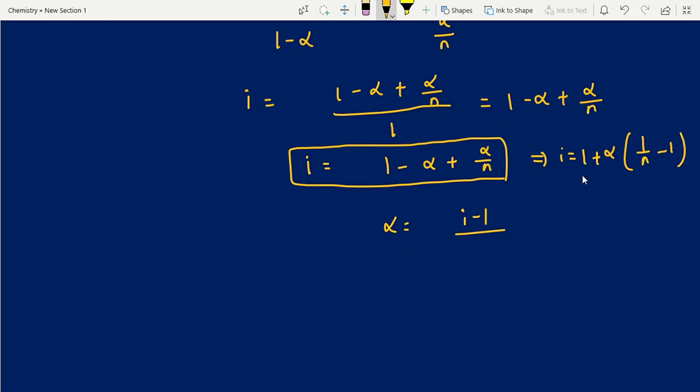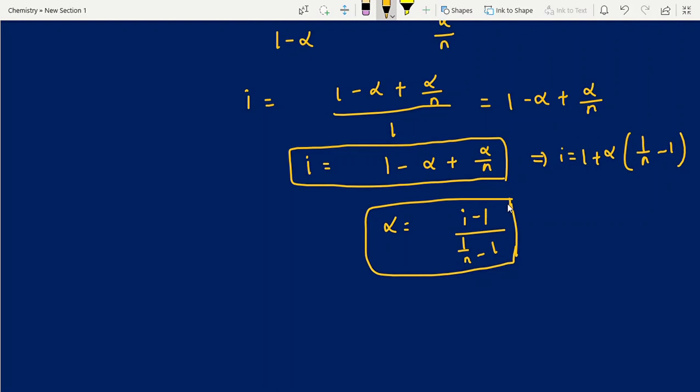Yes, you can substitute alpha equal to (i minus 1) by (1 by n minus 1). That's it. This is your final expression. Depending on numericals we can do. Is it clear, students? That's all.